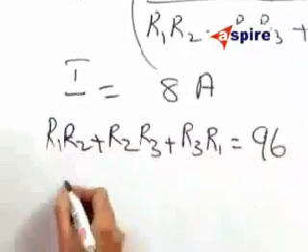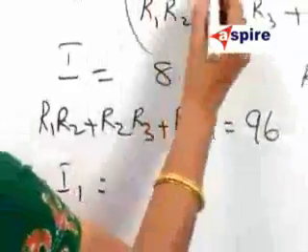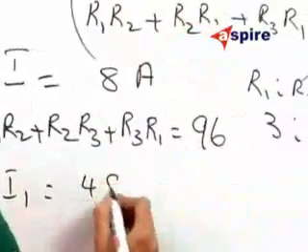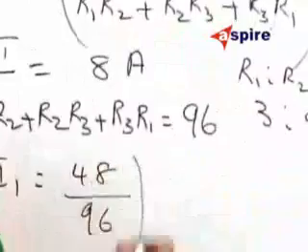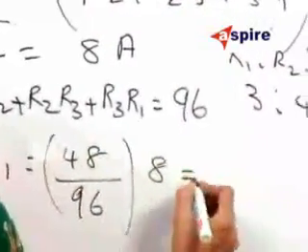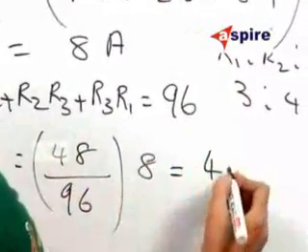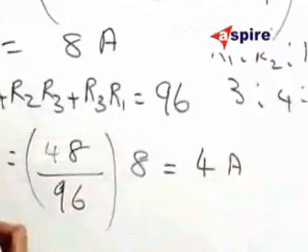Substituting, I1 equals R2 R3, 48 by 96, into 8. So that comes out to be 4 ampere.